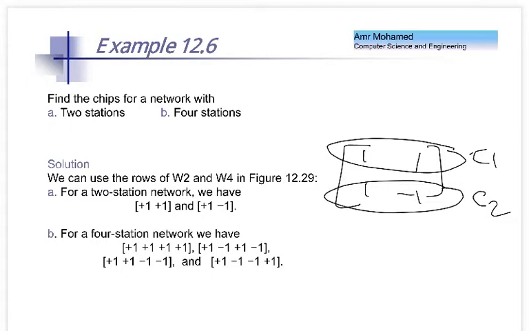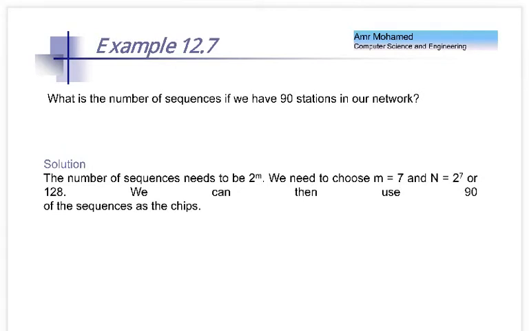Okay, so that's simple. What is the number of sequences if we have 90 stations in our network? The number of rows in the Walsh table has to be a power of 2. So what is M in that case?